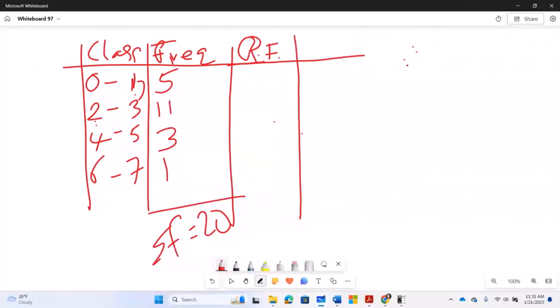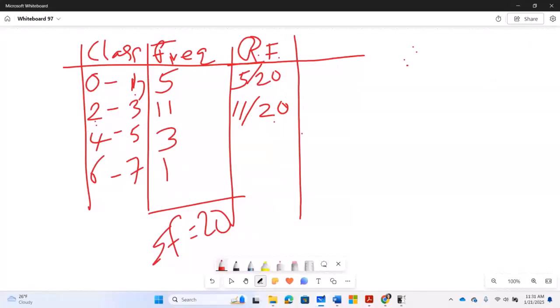Okay, so the relative frequency of the first class is 5 out of 20. I can leave it in fraction. I like to leave it in fraction, unless I'm told to leave it in decimal. The relative frequency of the second class is the frequency over the total frequency.